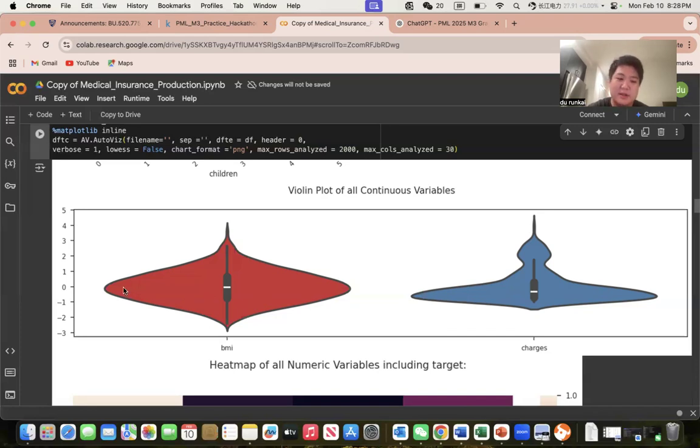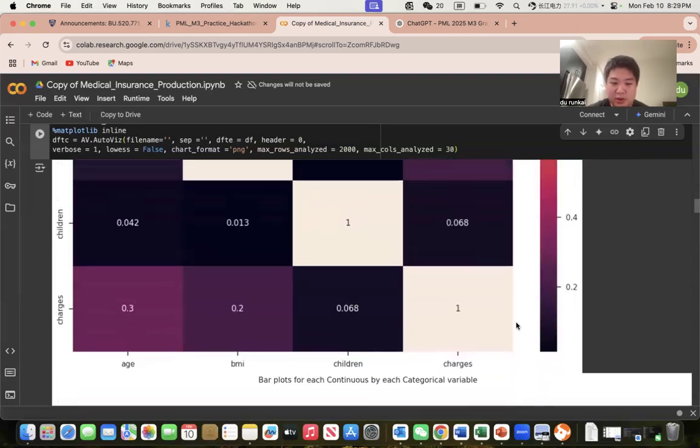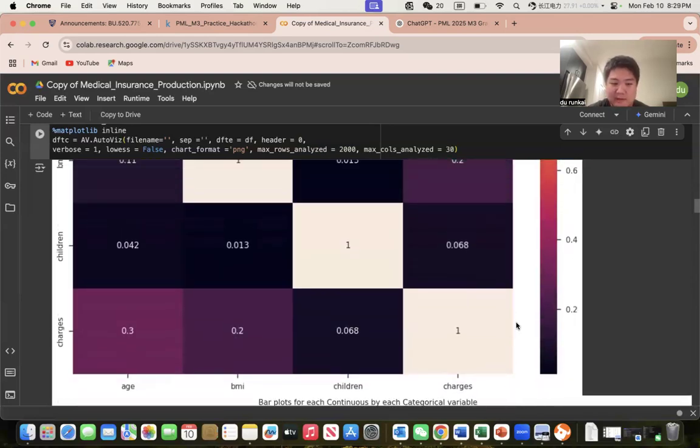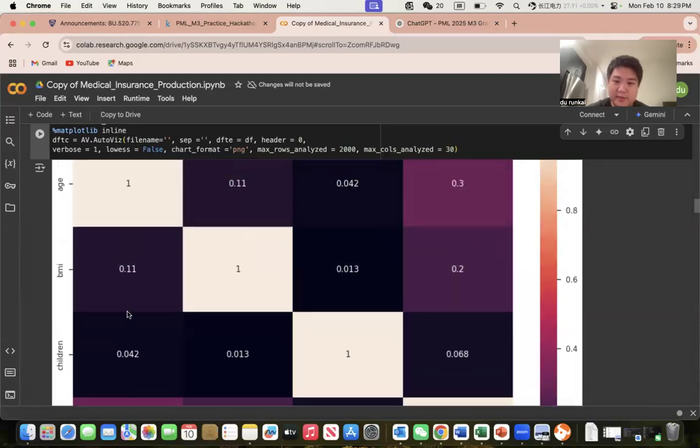But if we look between one and negative one, as the BMI increases, the charges get wider. This is a heat map of children, charges, and age: as the age increases, the charge will increase.